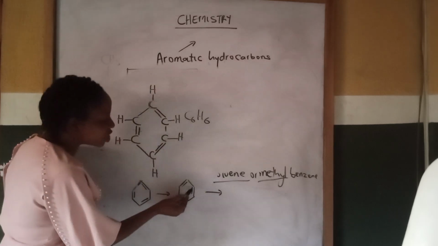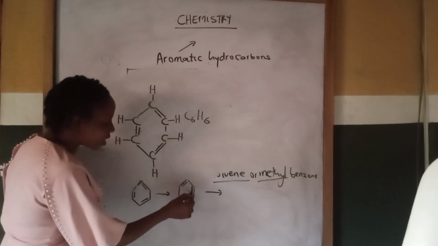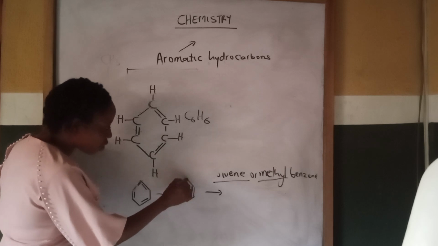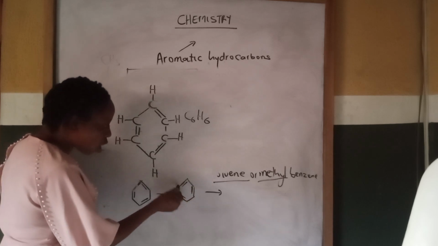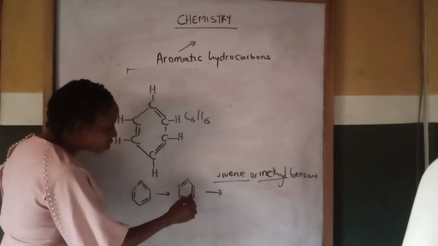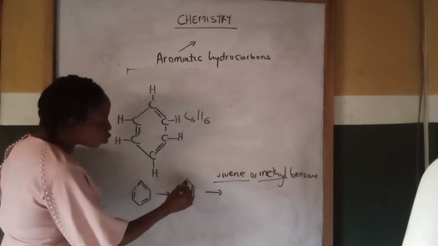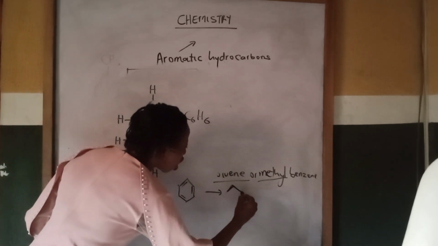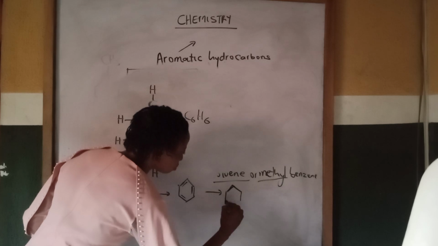So when this double bond travels around the 6 carbon atoms, one carbon here, one carbon here, one carbon here, by the time your double bonds travel around the 6 carbon atoms, you are going to have a closed ring called resonance structure.